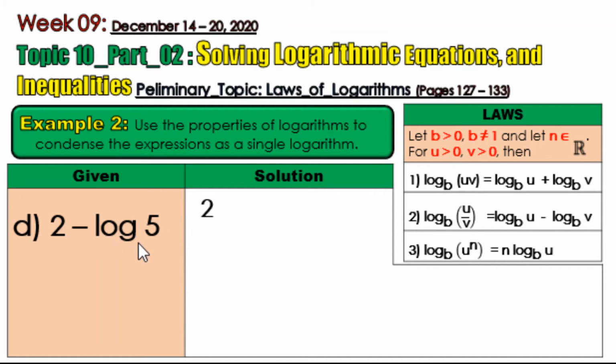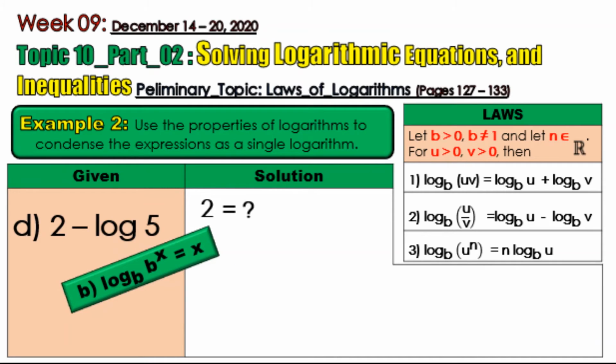So remember, this is a common logarithm. And in a common logarithm, we have the base 10. So it is not written, it is understood that the base of this is 10. So we will be expressing 2 as a logarithm of a number to the base 10. So your 2 can be expressed as, of course, we will be using the basic properties of logarithm. You are familiar with this.